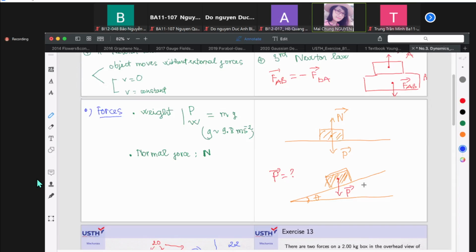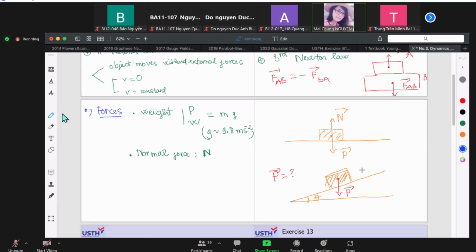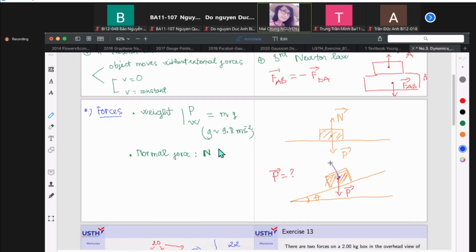In this case, where is the normal force? The normal force is the force of the plane acting on the object, right? So in this case, we have the object here, the plane here. So the force from the plane acting on the object must be here.